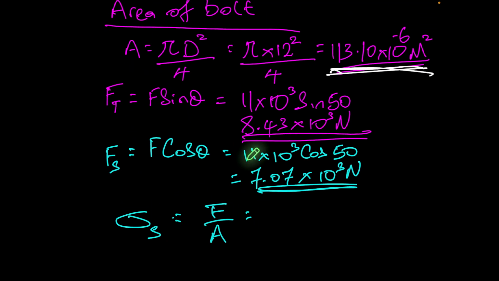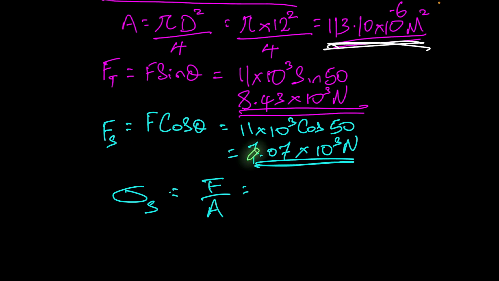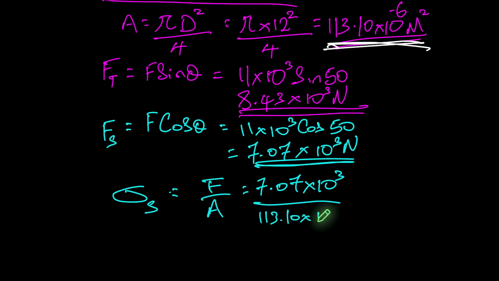That was 113.10 times 10 to the negative 6. So if we do that now for force, that would just be 7.07 times 10 to the power of 3, that's our previously calculated shear force, divided by the area that we calculated, which was 113.10 times 10 to the power of negative 6.